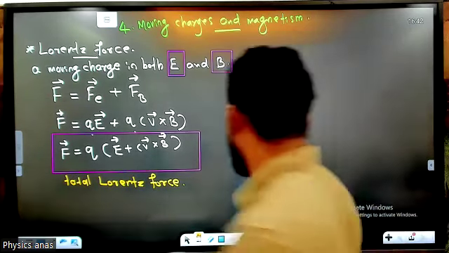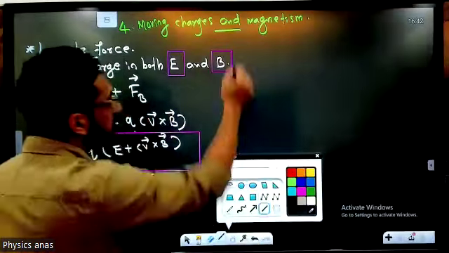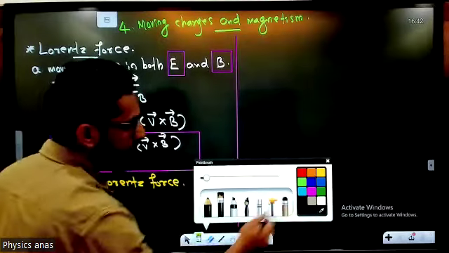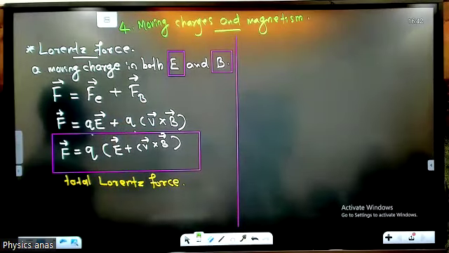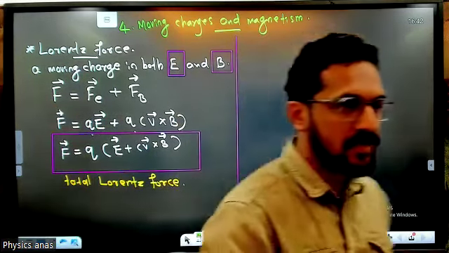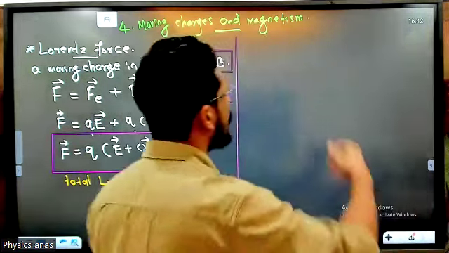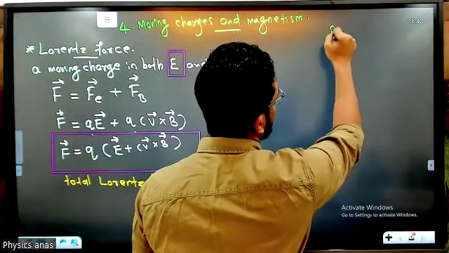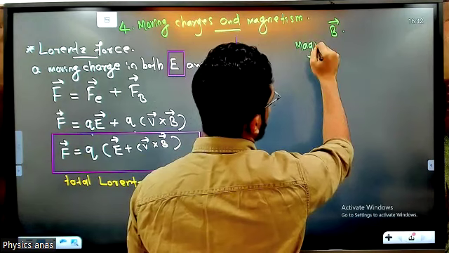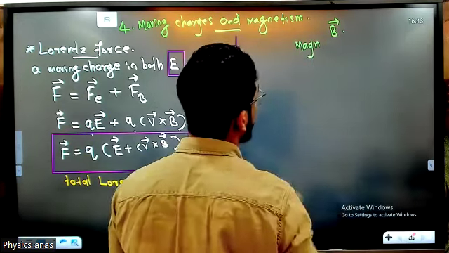Okay. Now we are going to see what this magnetic field intensity is. We are new to this term, right? Magnetic field intensity B. We haven't understood what that is, so we have to understand it more.